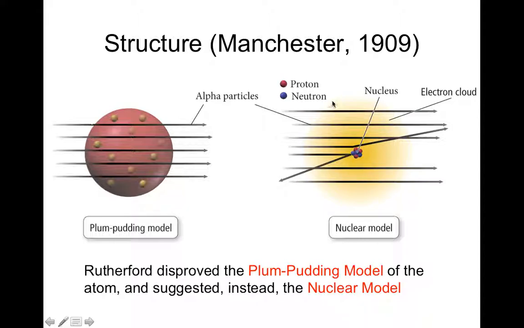In this picture, by the way, the red particles are protons, and the blue spheres represent neutrons, and the electrons are racing around so fast you can only see them as a yellow cloud. Again, with the Plum-Pudding model, the idea was that the alpha particles would go straight through the atom. So Rutherford disproved the Plum-Pudding model of the atom and suggested instead this model.